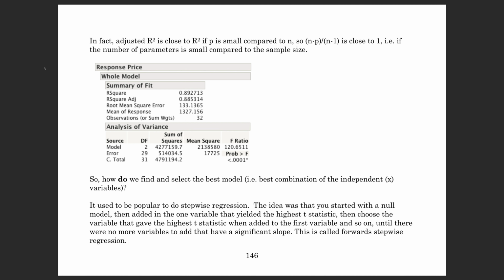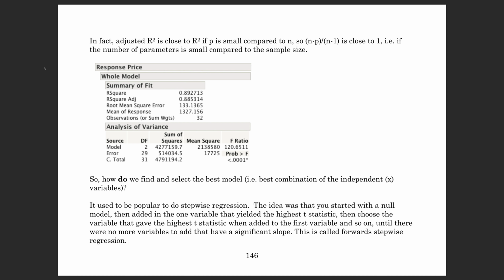So the difference between those two gives us the model sum of squares. The model clearly has 2 degrees of freedom because we have 2 covariates, which were age and number of bidders. There were 32 data points in this data set. So n minus 1 is 31. 31 minus 2 is 29. So you can see how we get the degrees of freedom.